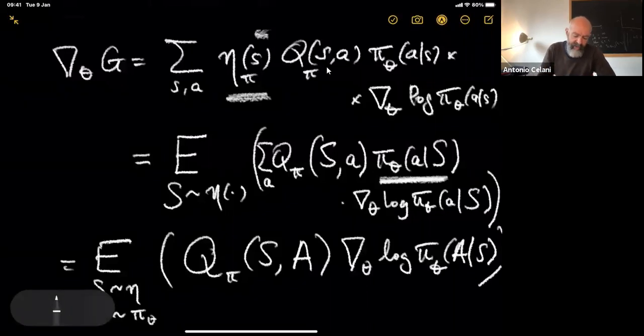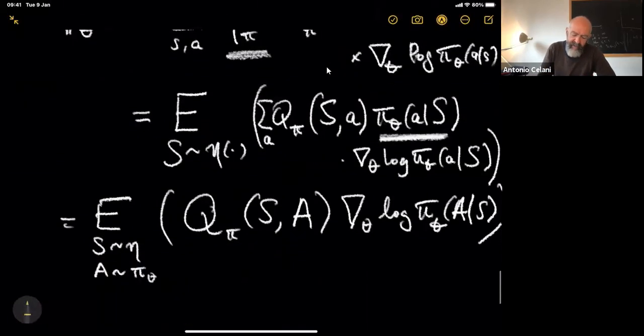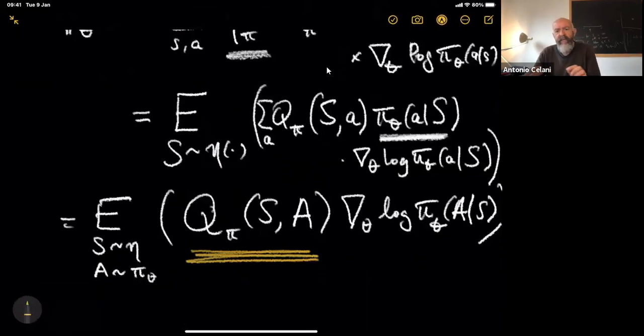Why do I say almost? Because still here we have the Q function, which we don't know. Okay? And in its belly, it also depends on the model. So we have to take a final step in this direction. And we would like to replace this Q function with something that we know just from the trajectories of our system.